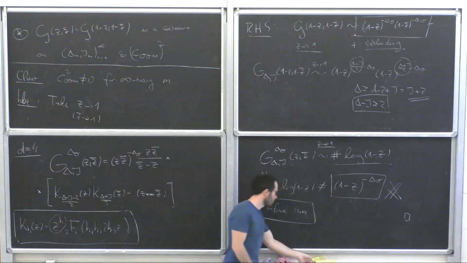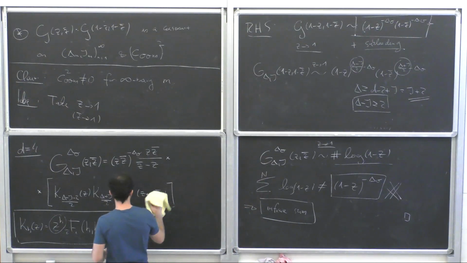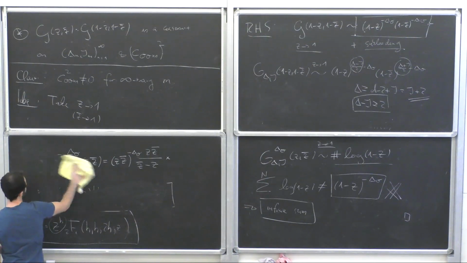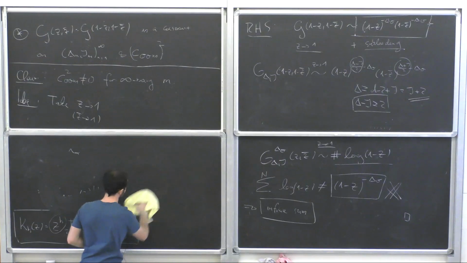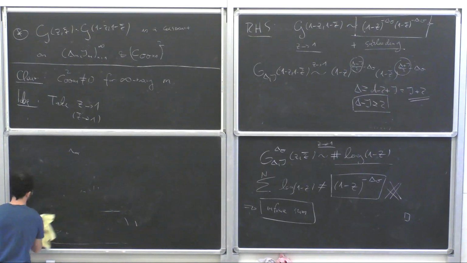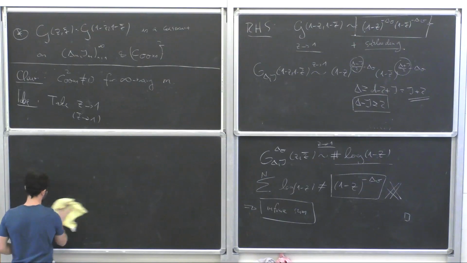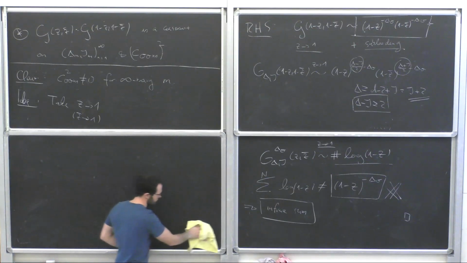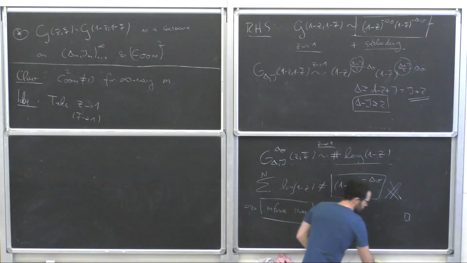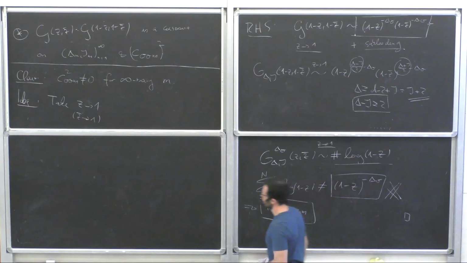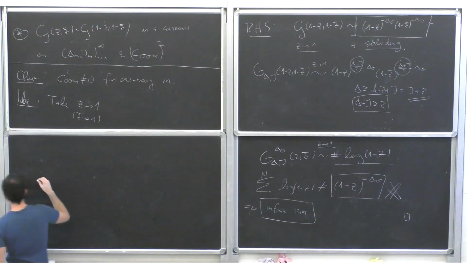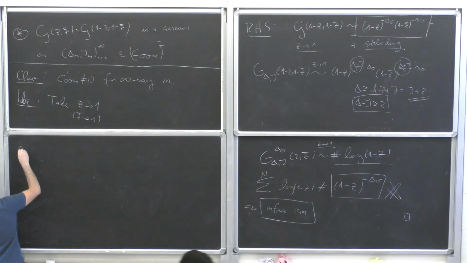So how does all of this work in the free theory? We are still in d equal 4.